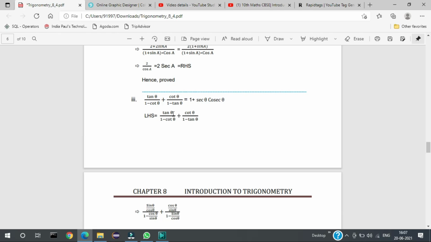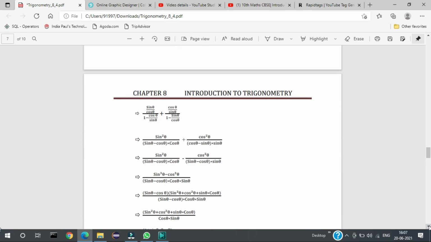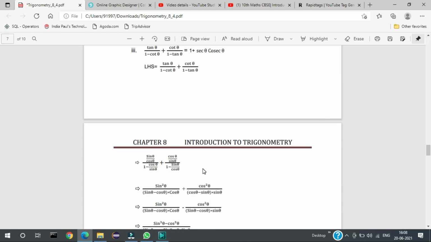So coming to LHS, how can we write: sin theta by cos theta by (1 minus cos theta by sin theta), plus cos theta by sin theta by (1 minus sin theta by cos theta).